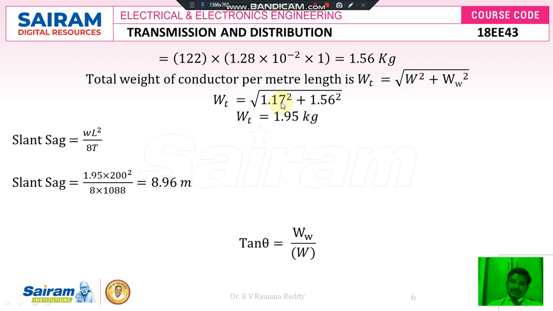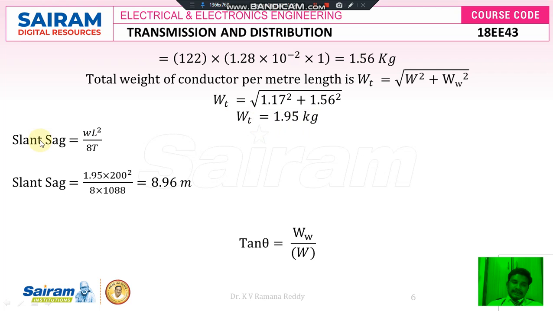So 1.17 whole square plus W suffix W, just now calculated as 1.56, whole square. Therefore the net weight of the conductor Wt is the vector sum of the weight of the conductor and the wind pressure on the conductor. So the net weight of the conductor Wt is 1.95 kg.